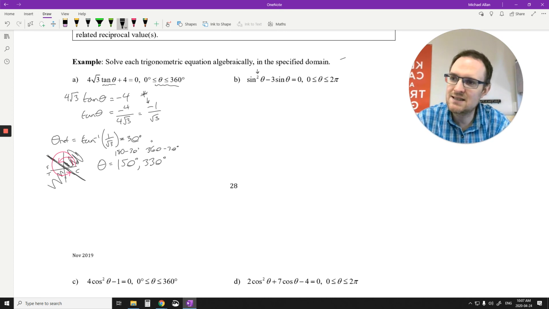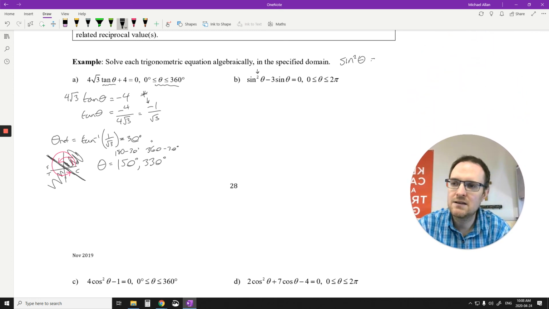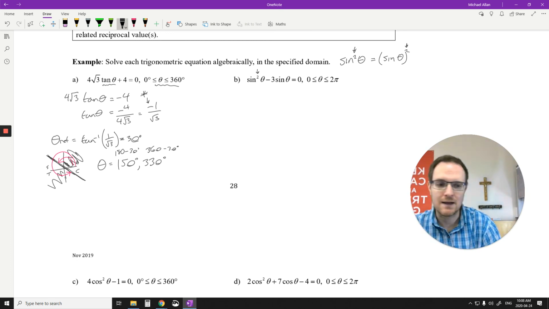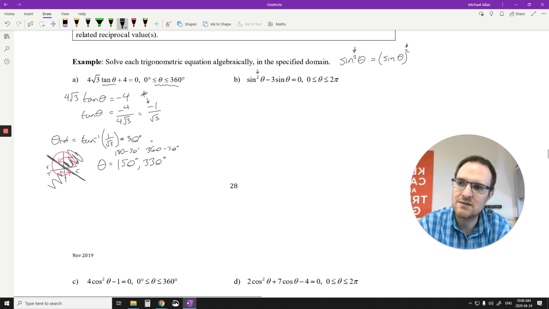Now, if you see sine squared theta, the reason they write it this way, this is the same as saying sine theta all squared. The reason they put the 2 here rather than out on the outside like this is to avoid using parentheses. We don't like writing parentheses all the time. Also, to avoid confusion, because if I forget to write the parentheses, I might write this instead.